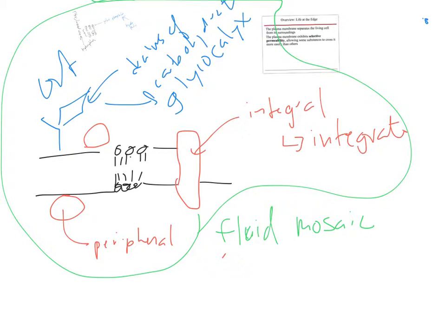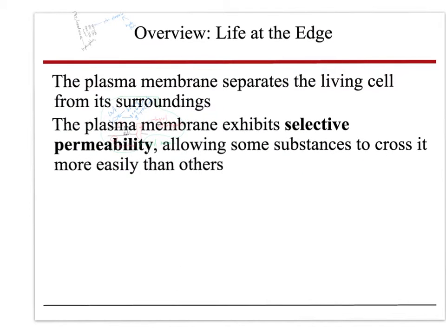Okay? We know that this area in the middle, between the two layers of the bilayer, is hydrophobic. So it doesn't like polar things. It doesn't like charged molecules. It doesn't like big molecules. This leads to what we call the selective permeability of the membrane.